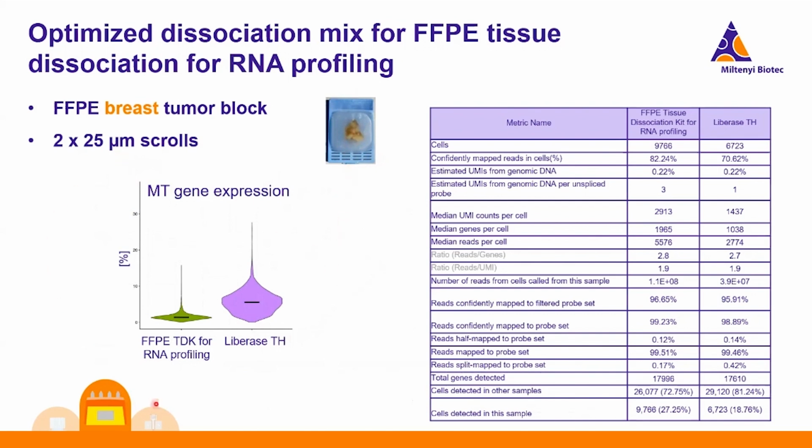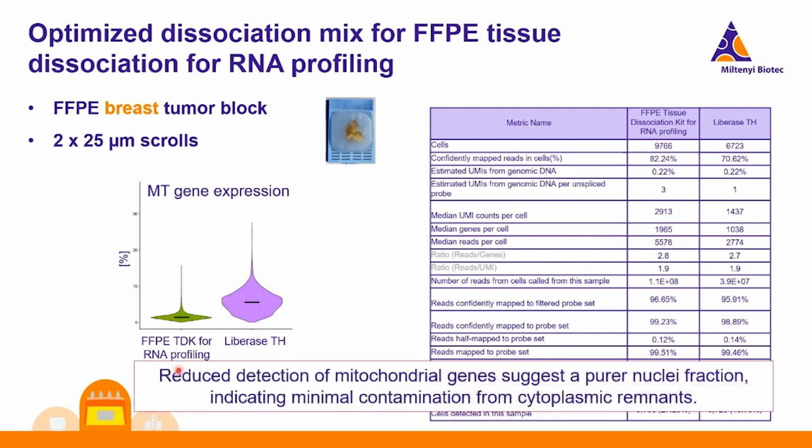Looking now at the mitochondrial gene expression of samples which were dissociated using either the Liberase TH or the FFPE TDK for RNA profiling, we can see a clear reduction in mitochondrial gene expression.